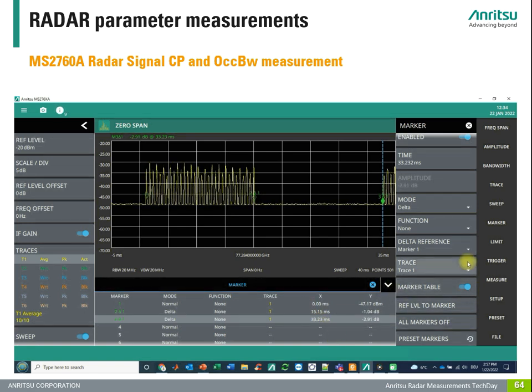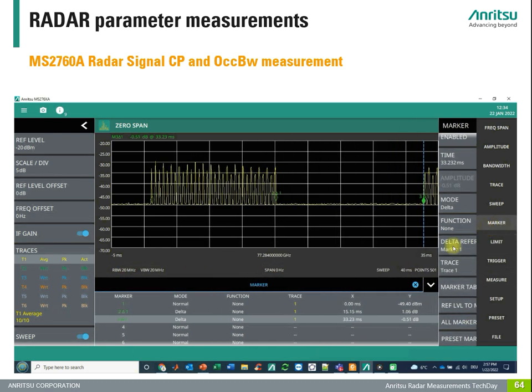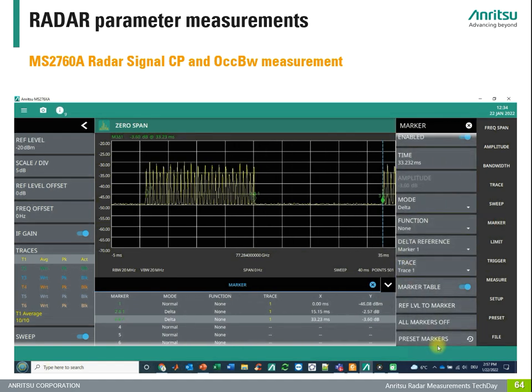So let's now continue, and next we would like to get a feeling about the average power that we can detect here in the time domain. We are resetting therefore our markers.